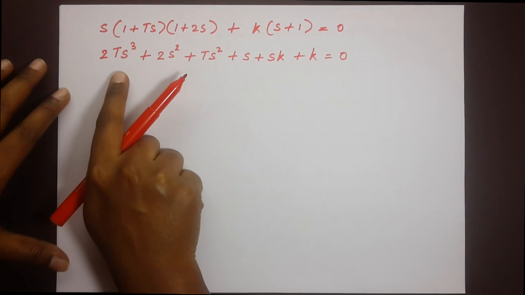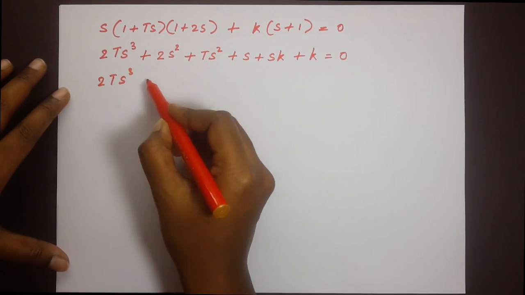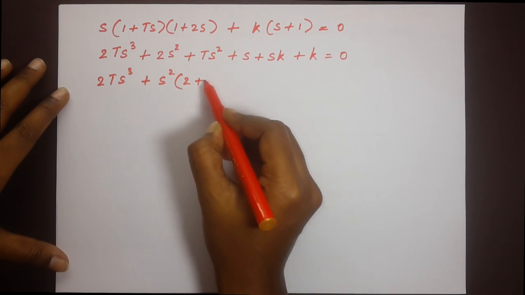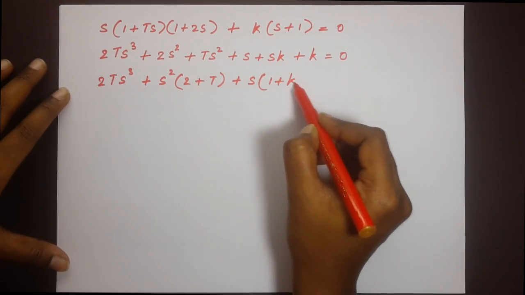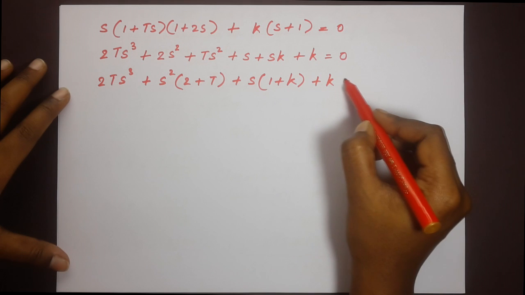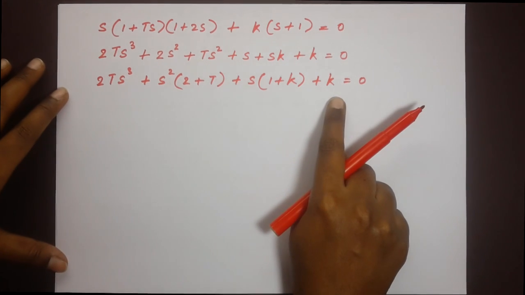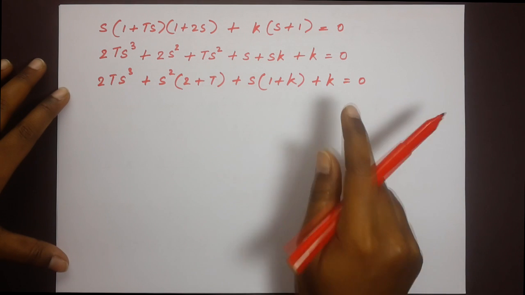Now let's take the terms s common. So we have here 2Ts cube plus, taking s square common, (2 + T) s square, plus s common (1 + K), plus K is equal to 0. So now that we have it in terms of s, let's use Routh criteria in order to find out the stability condition.